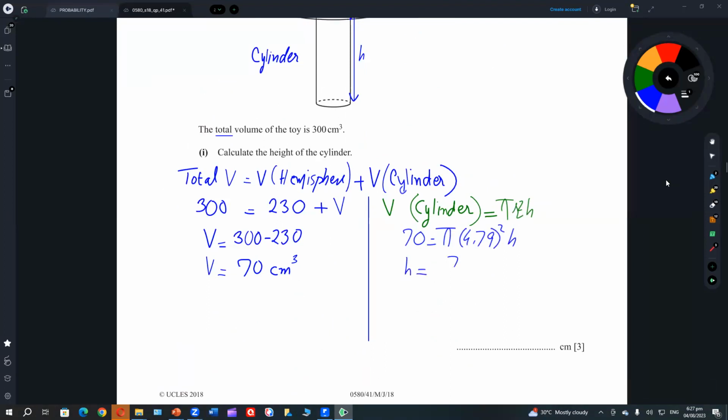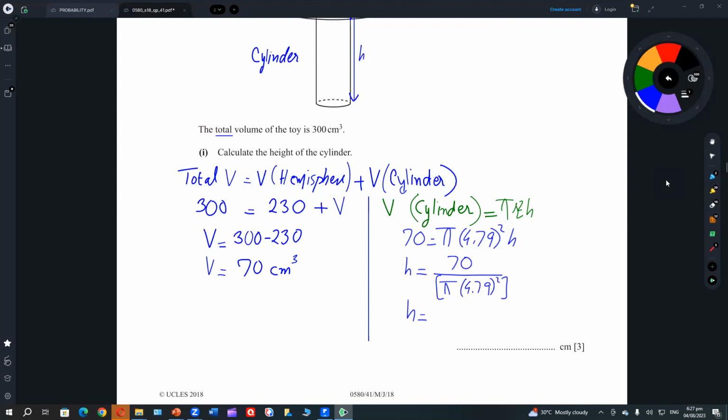So when I make height the subject, please be very careful when putting the data in the calculator this time. A bracket after division is necessary.